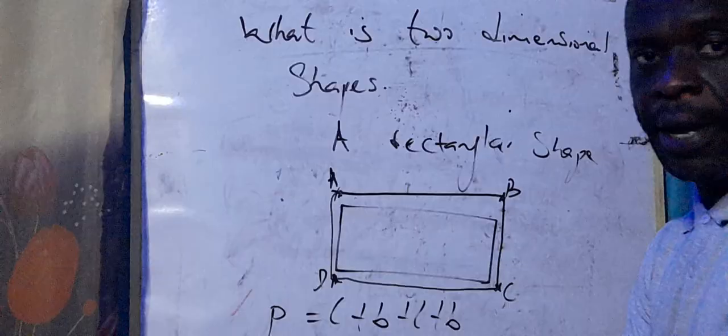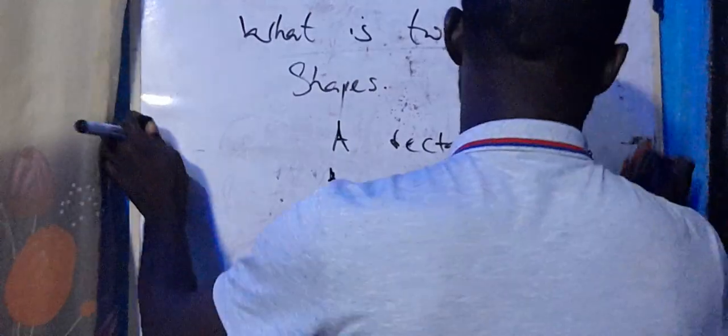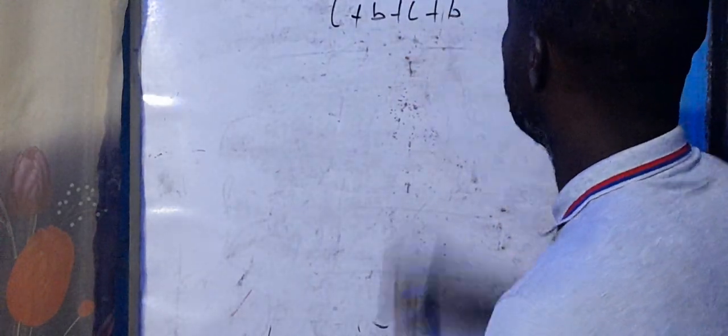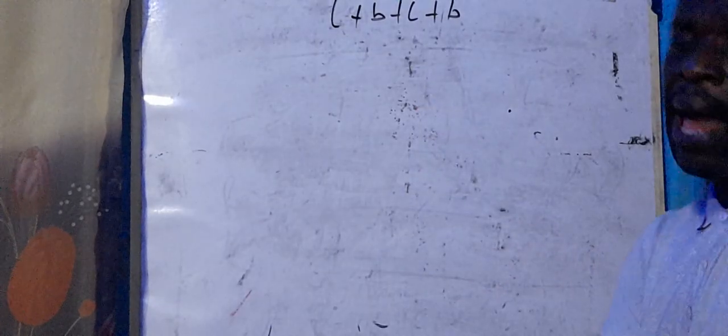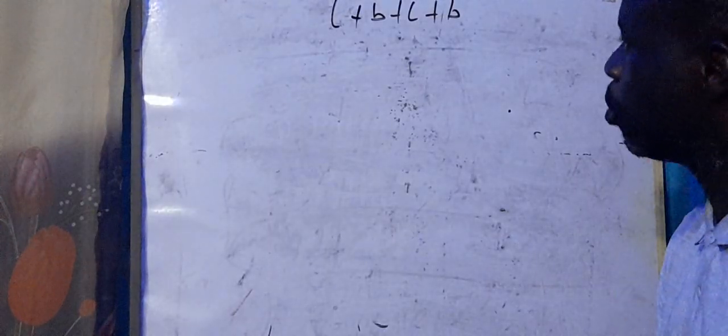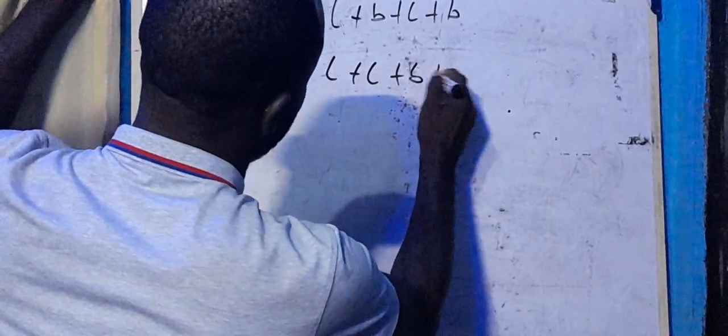So let's derive the formula from this diagram. Let's advance the formula, because as it is now, the formula is for babies. These are baby formulas, what you teach primary 1: length plus breadth plus length plus breadth. If we apply the rules of algebra, we collect like terms, which gives length plus length plus breadth plus breadth.